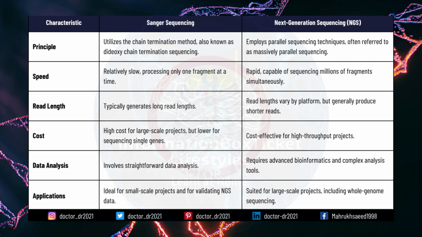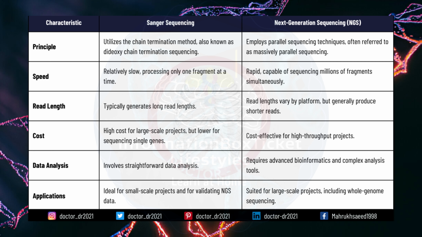In terms of read length, Sanger sequencing typically generates long read lengths, whereas NGS read lengths vary by platform but generally produce shorter reads. Cost-wise, Sanger sequencing is expensive for large-scale projects, but more affordable for sequencing individual genes. NGS is cost-effective for high-throughput projects.